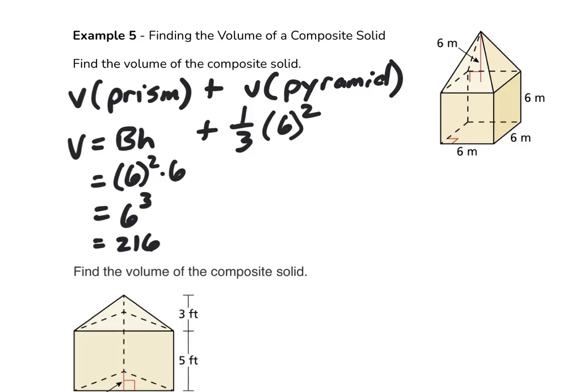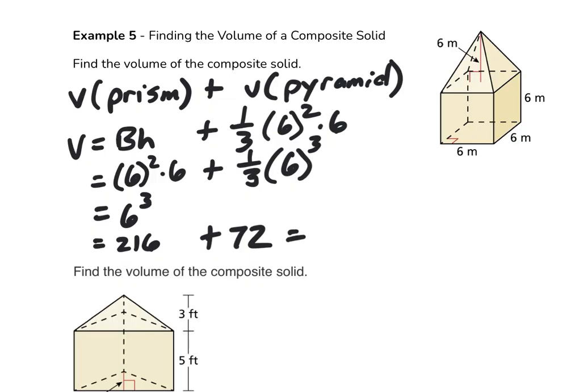They also have height of 6. So once again, I could just do 1/3 of 6 cubed, or 1/3 of 216. So it's just 216 divided by 3. We add those two together, and we get 288 meters cubed.